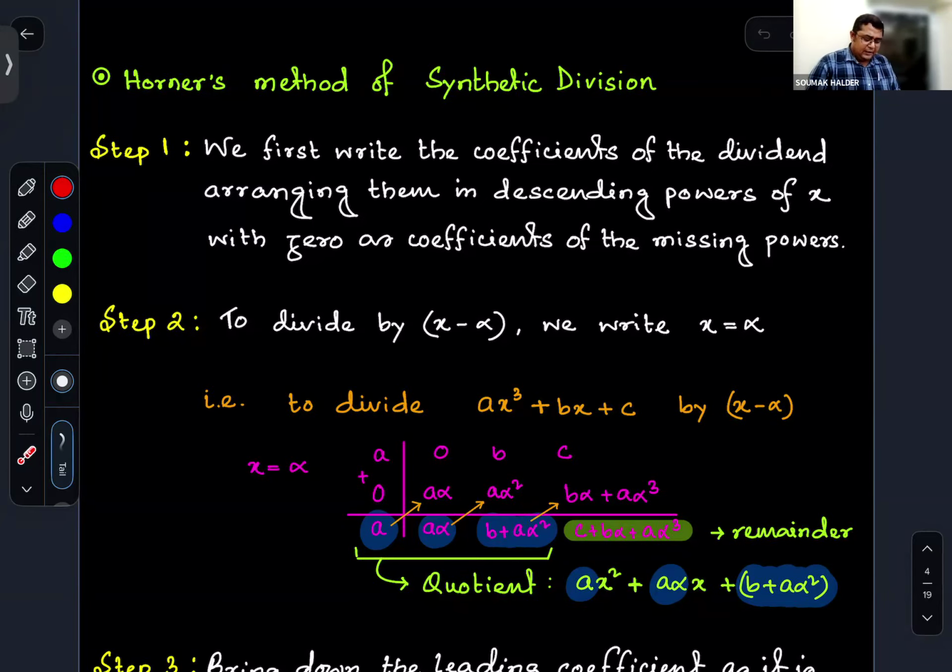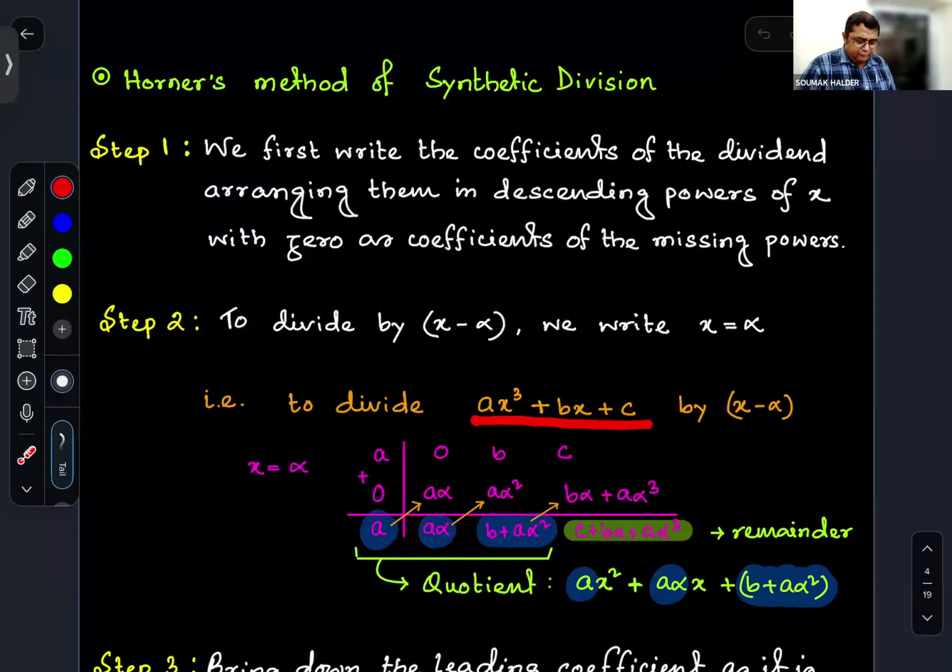Okay? And if your dividend is, say, some ax cube plus bx plus c, and you are dividing it with x minus alpha, so as part of step 2, you first write x is equal to alpha, and then write the coefficients in descending order as suggested in step 1.